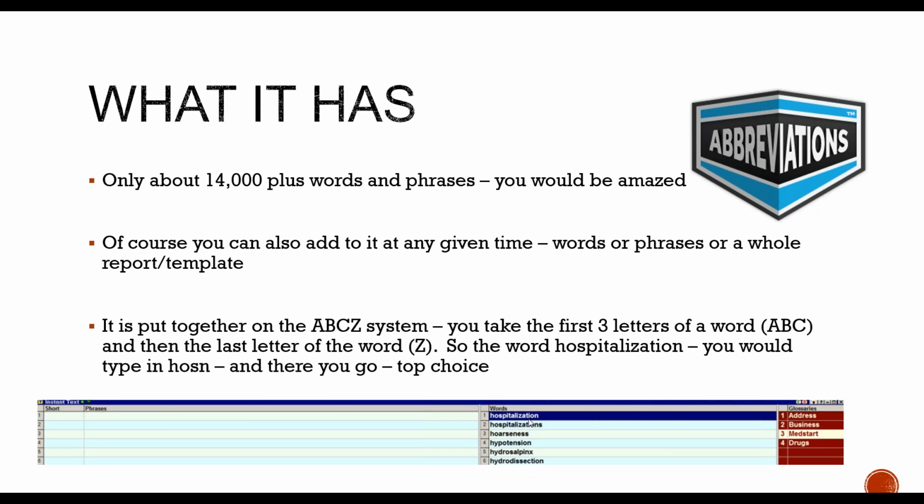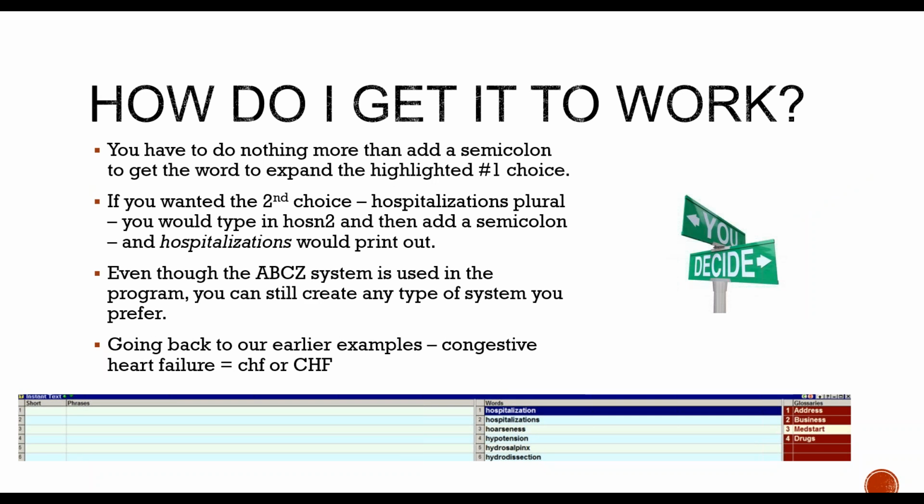And the one that you wanted happened to be number 1. So you would click on that or just type the number 1 on your keyboard. But if you wanted hoarseness or hypotension, you would select that number and it would come in for you.